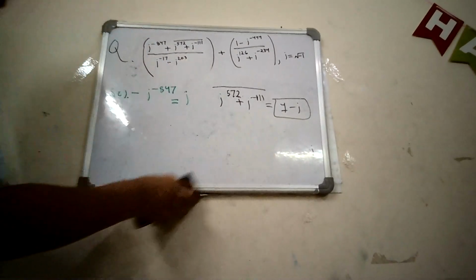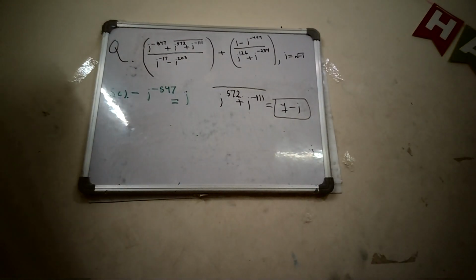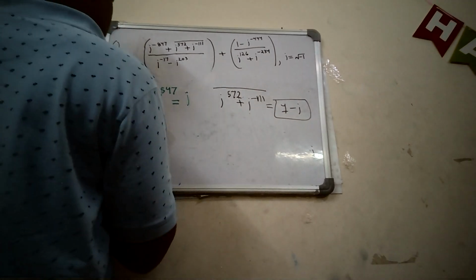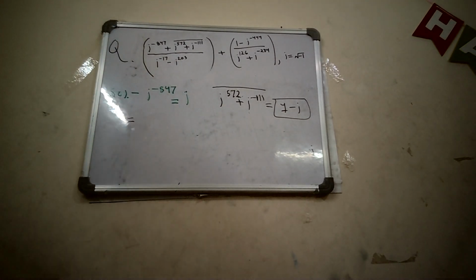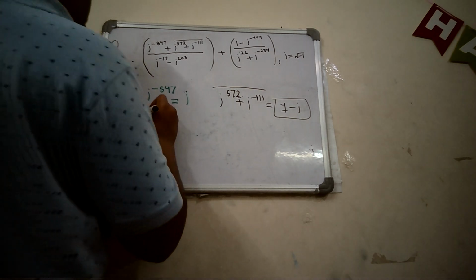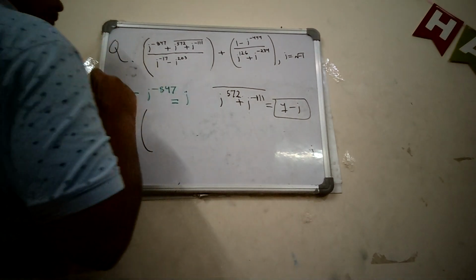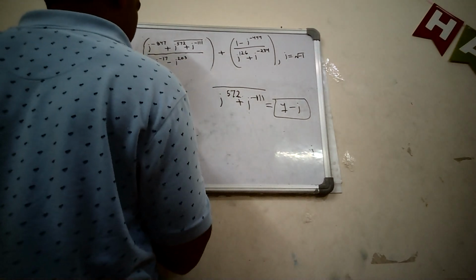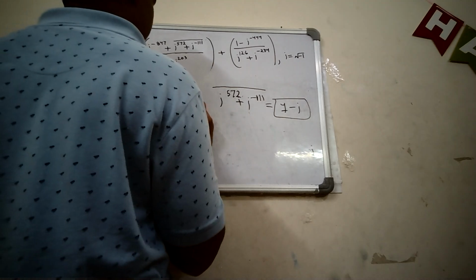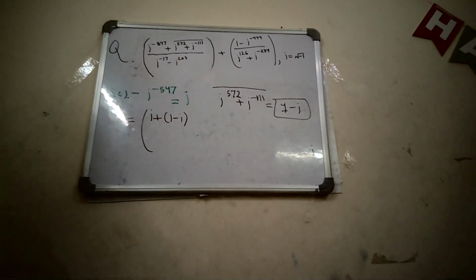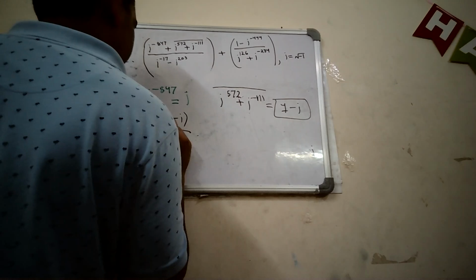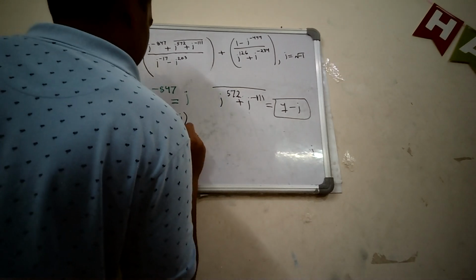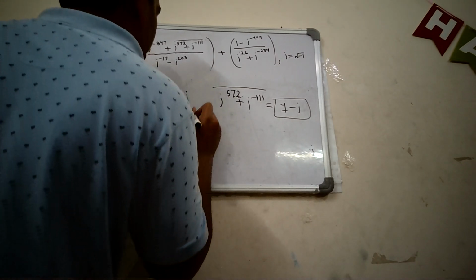So, we can rewrite this as I plus 1 minus I, okay, upon I to the negative 17 minus I to the 203.